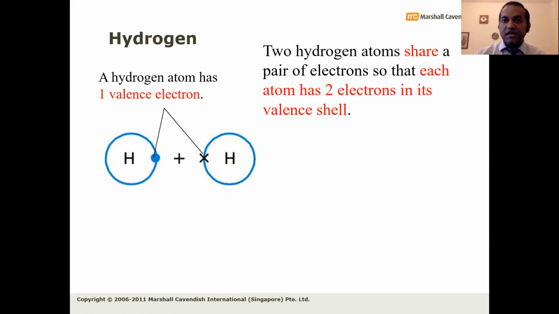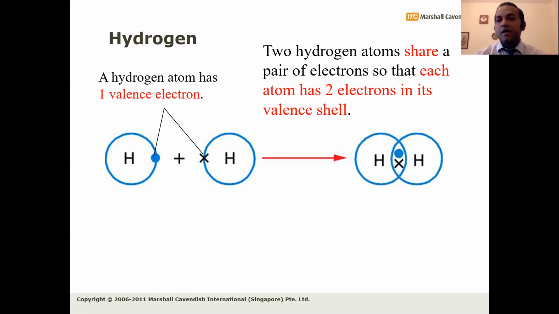The hydrogen atoms share a pair of electrons so that each one has two electrons. If you focus on the left hydrogen atom only, you can see it has two, so it is stable. At the same time, if you focus on the right hydrogen atom, it also has two. So what happened?